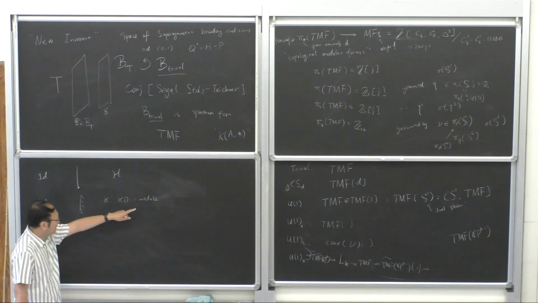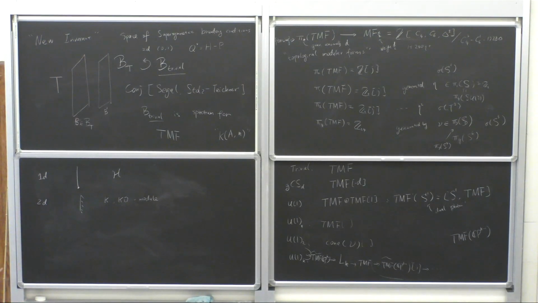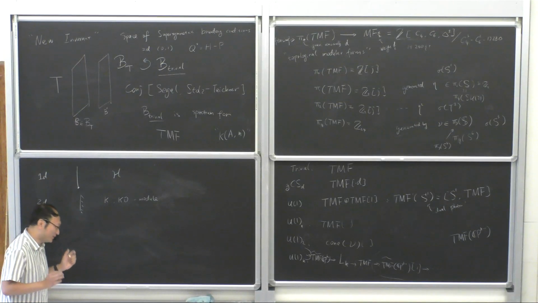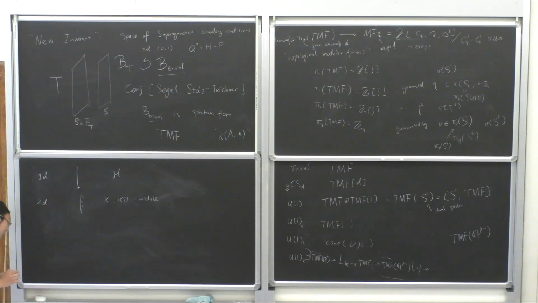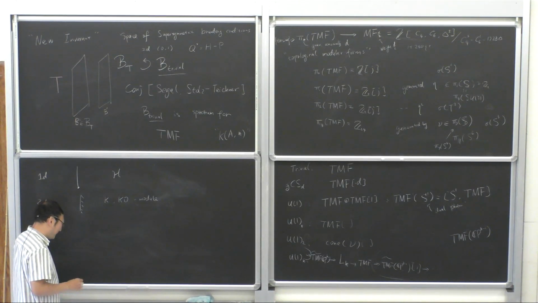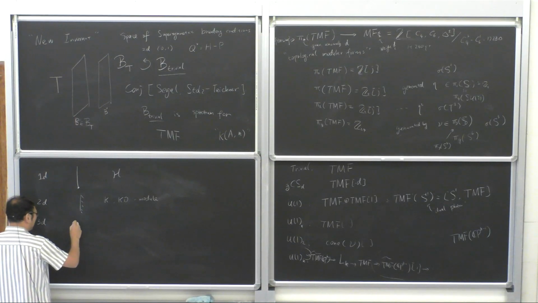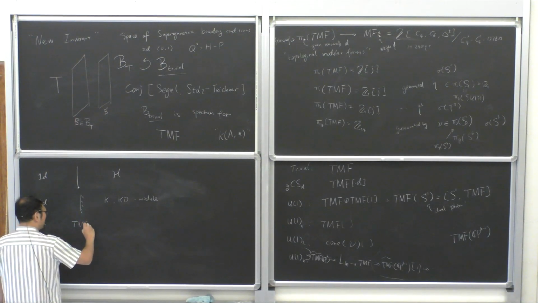One can use this to distinguish between different 2D TQFTs. But 2D TQFTs are somewhat too simple, so there is not much interesting application there. But for 2D dynamical theories, this can be more interesting. 3D, as I mentioned, one can get TMF modules.